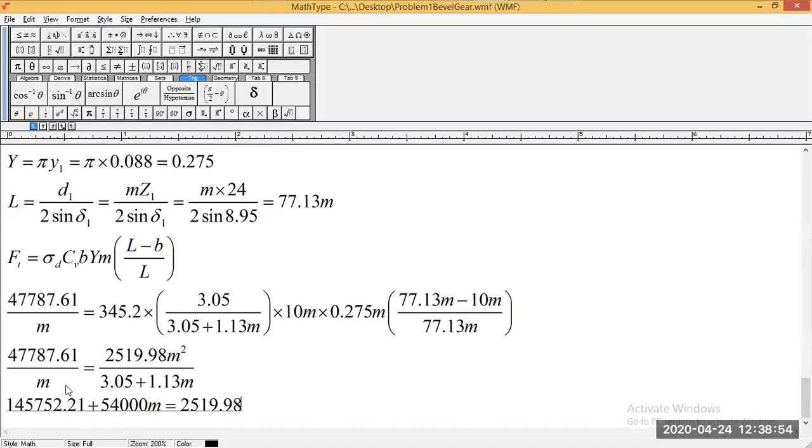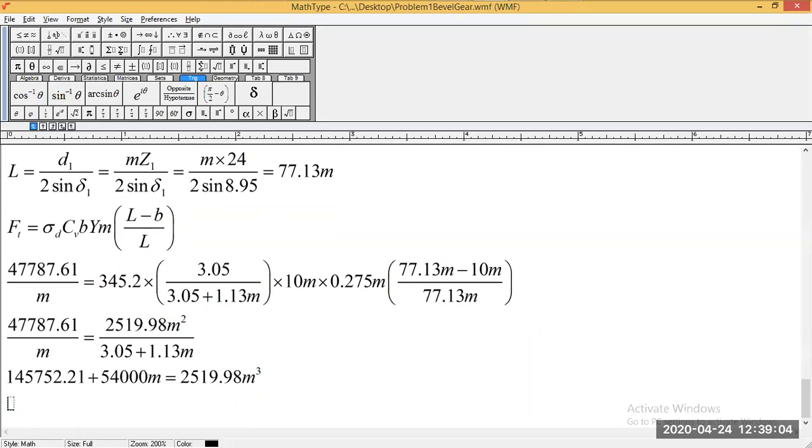592,519.98 is no longer M square, it is M cube. M cube. Okay. So solve this using the equation mode in your calculators.